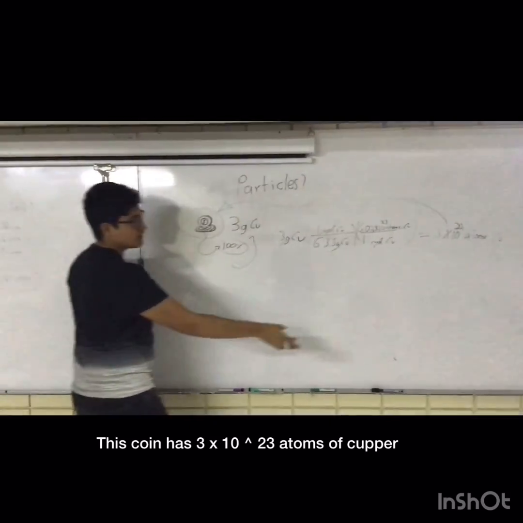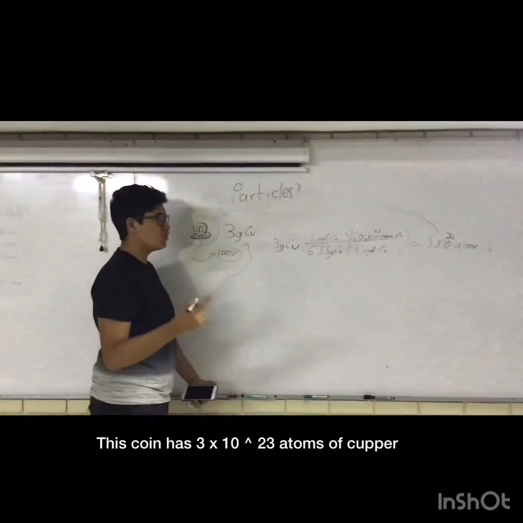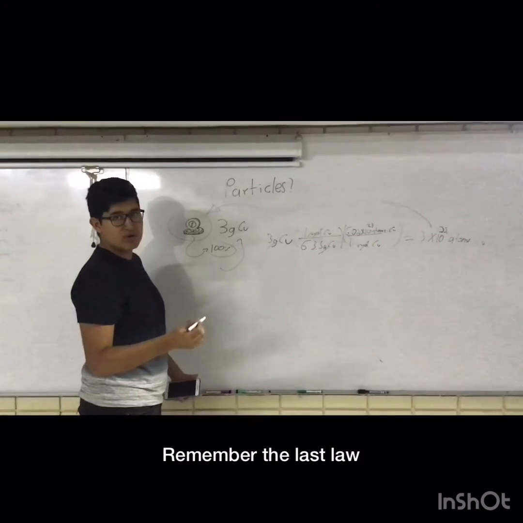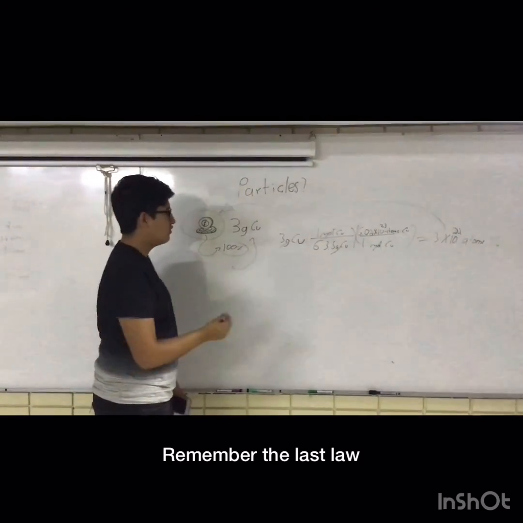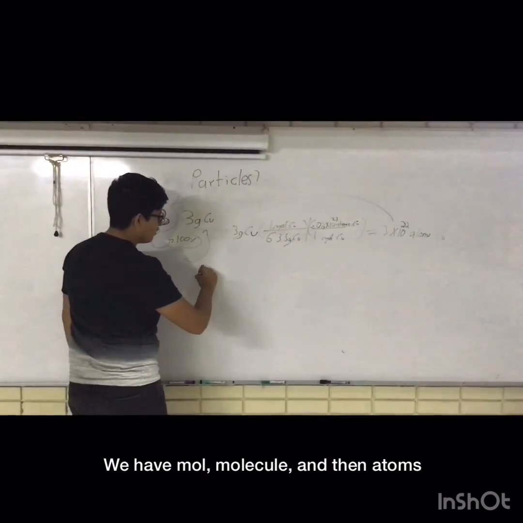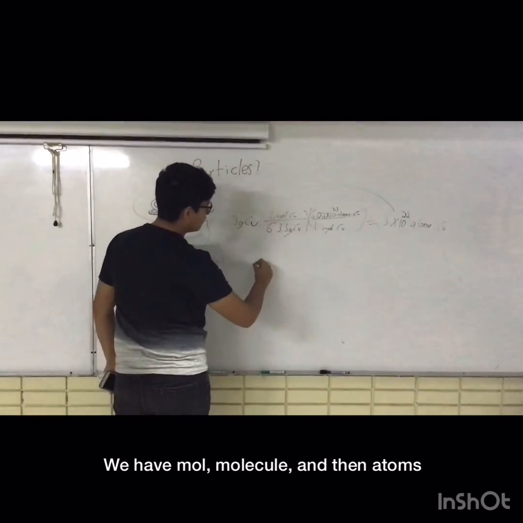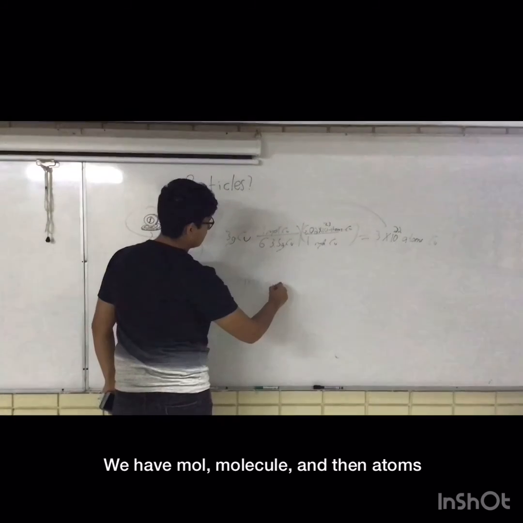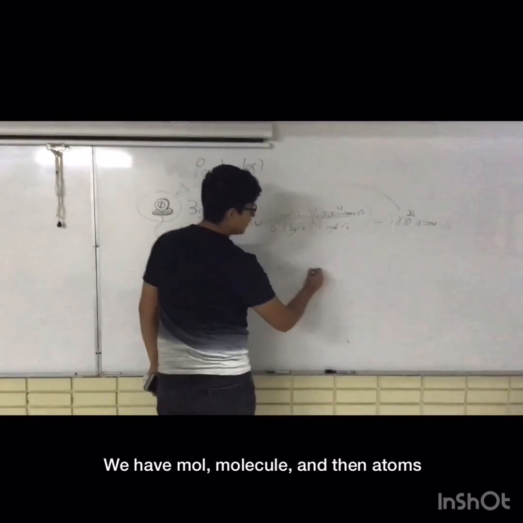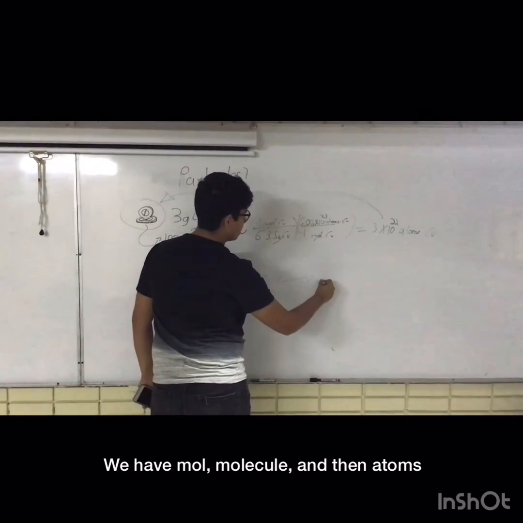This coin has 3 times 10 to the 22 atoms of copper. Remember the last law: we have mole, then molecule, and then atoms.